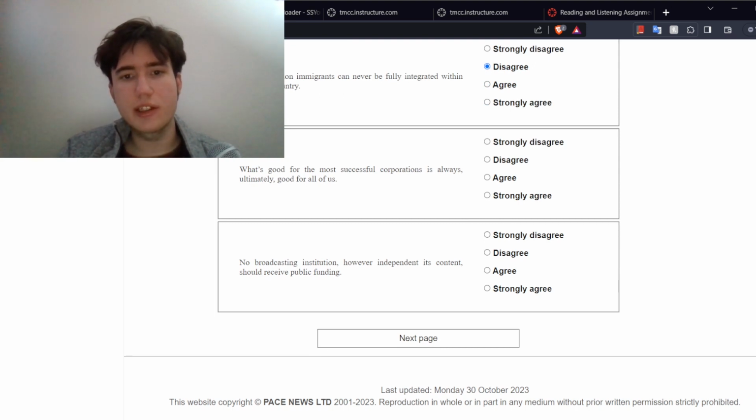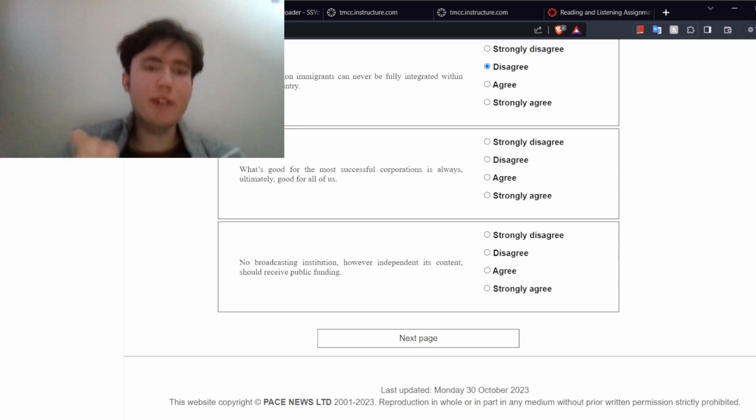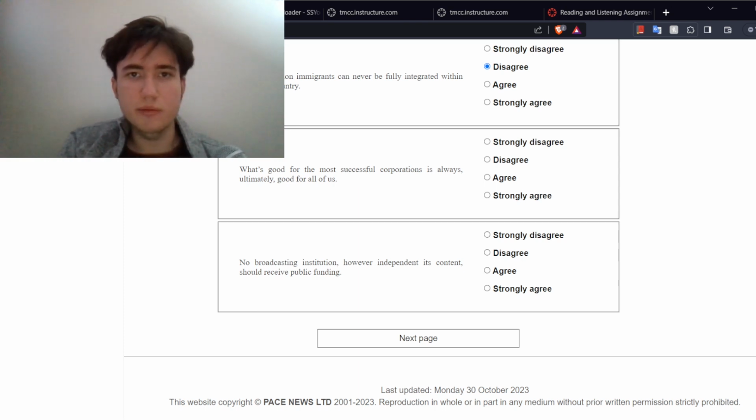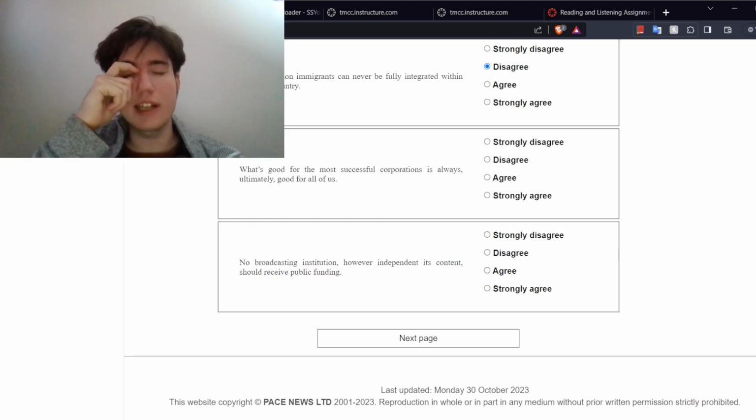What's good for the most successful corporations is always ultimately good for all of us. See, him even putting this question in here, he should have realized that his first question was stupid about how international trade should benefit people rather than corporations.